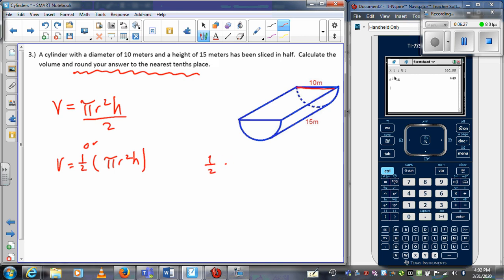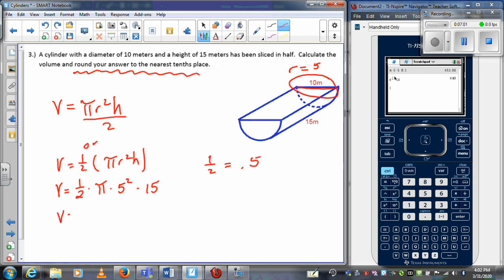Remember, 1/2 is the same thing as 0.5. Okay? So you could do a variety of things here. I'm going to use the half symbol, I think. So I'm going to do 1/2 times pi times my radius. If the diameter goes all the way across, then radius goes halfway. Halfway across from 10 would be 5. So this is going to be 5 squared times the height, which is 15.